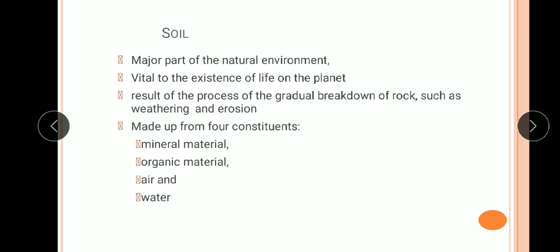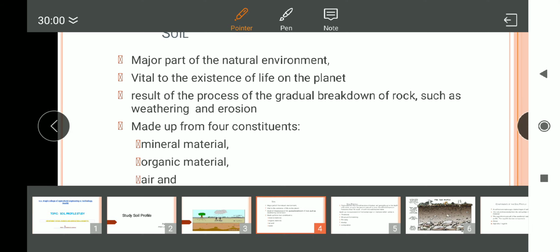It is made up of four constituents: mineral matter, organic matter, air and water. Mineral matter is 45%, organic matter 5%, water 25% and air 25%.